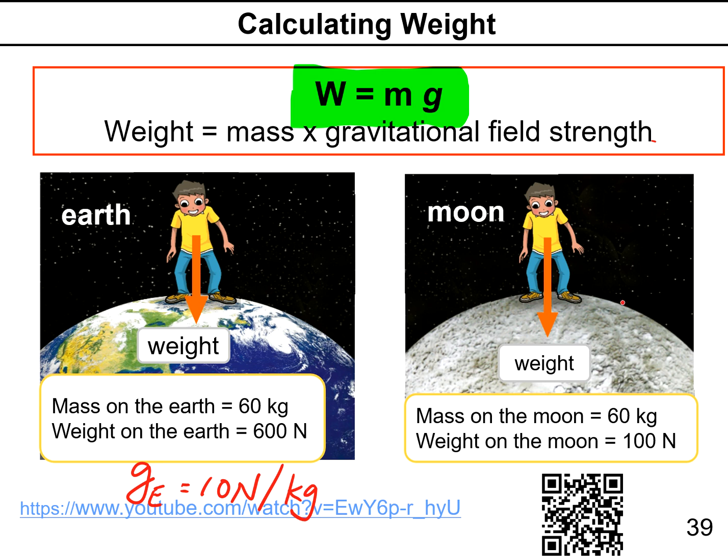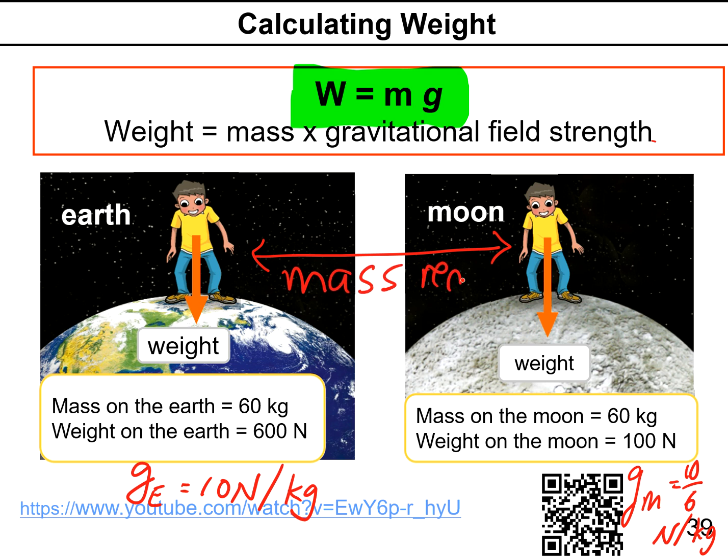If the same boy is now on the Moon, the weight is different because the gravitational field strength on the Moon is 10/6 newtons per kilogram. So even though the mass is the same, by the way, whether you are on the Earth or on the Moon, it's important to know that the mass remains the same.